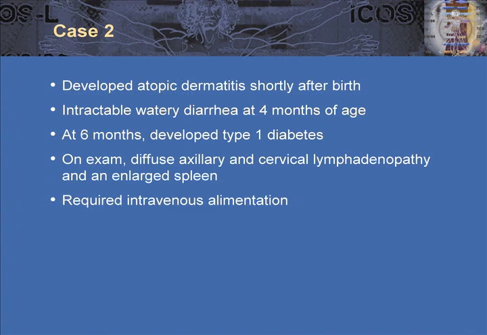This wasn't his only problem, and at 6 months of age, Billy developed type 1 diabetes, so autoimmune diabetes. On physical exam, he had diffuse axillary and cervical lymphadenopathy and an enlarged spleen. He actually required intravenous alimentation to keep up his nutritional status due to the severe diarrhea.